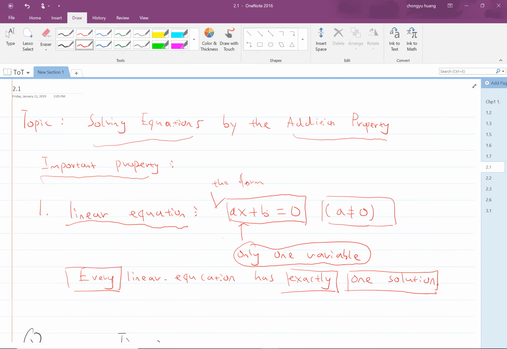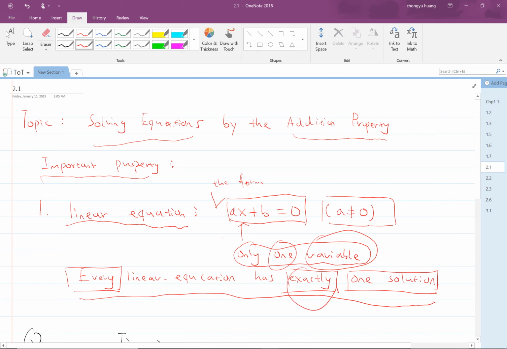That's one of the conditions. a cannot be 0, and there's only one variable, which here is x.